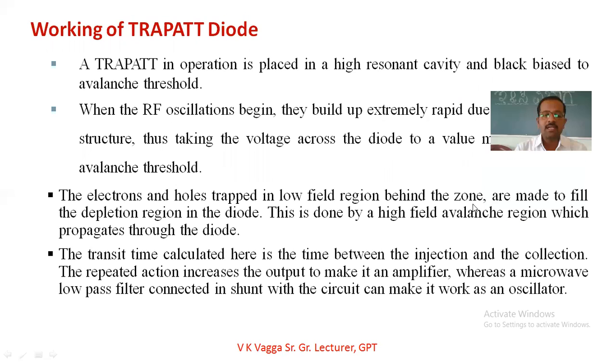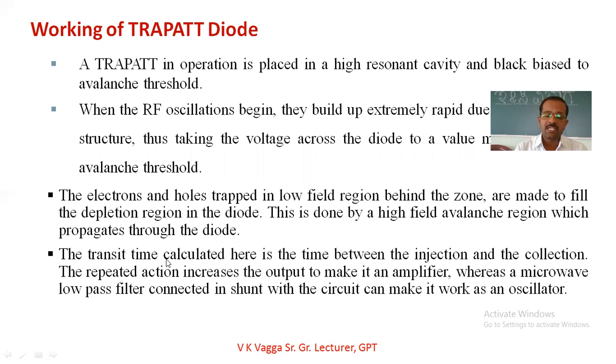The electrons and the holes are trapped in the depletion region, that is the middle region, and this middle region is completely filled. After filling, it propagates through the diode here.